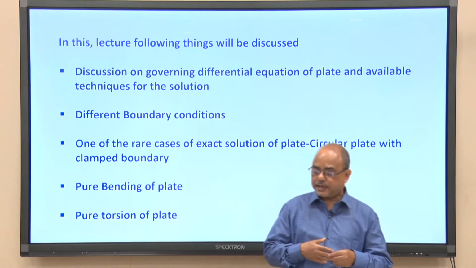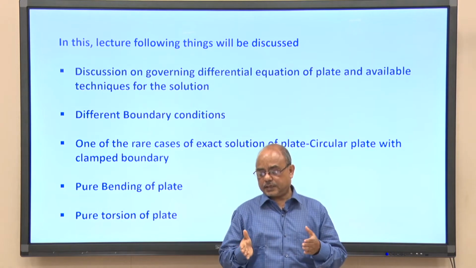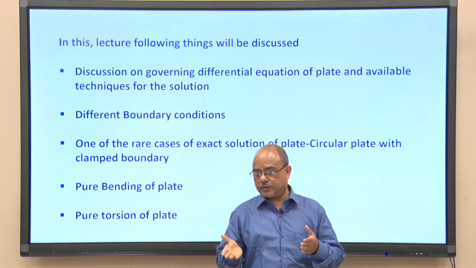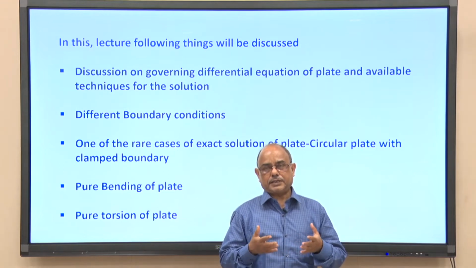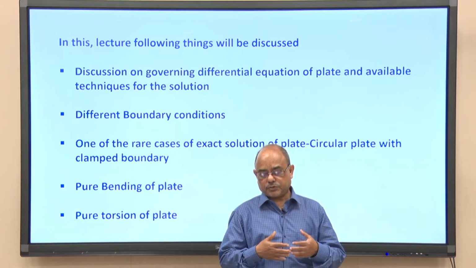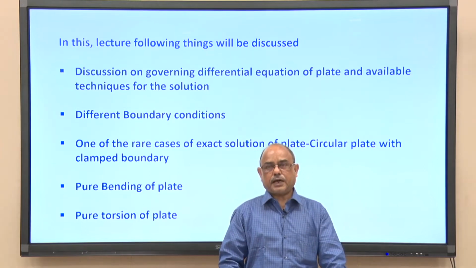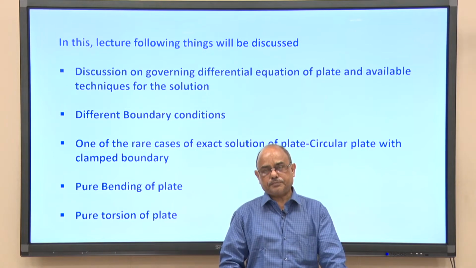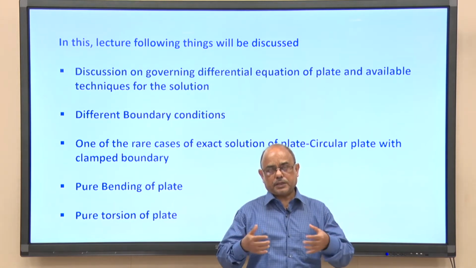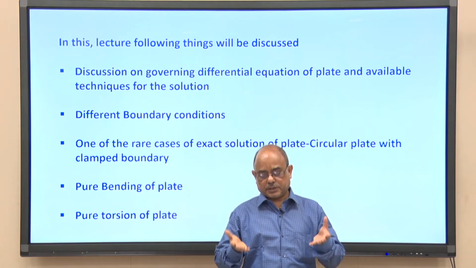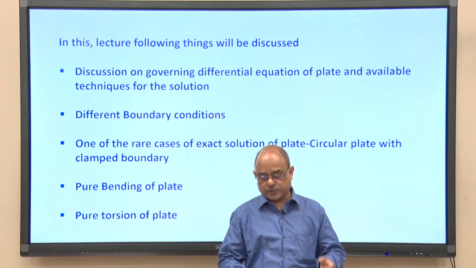So, one of the rare cases of exact solution of plate, there are some examples. Today I will cover the circular plate with clamped boundary. For that you can readily obtain the exact solution choosing a simple function. Then I will discuss the pure bending of plate, when the plate is subjected to pure bending moment along the edges, how it deforms, that I want to cover, and pure torsion of the plate.